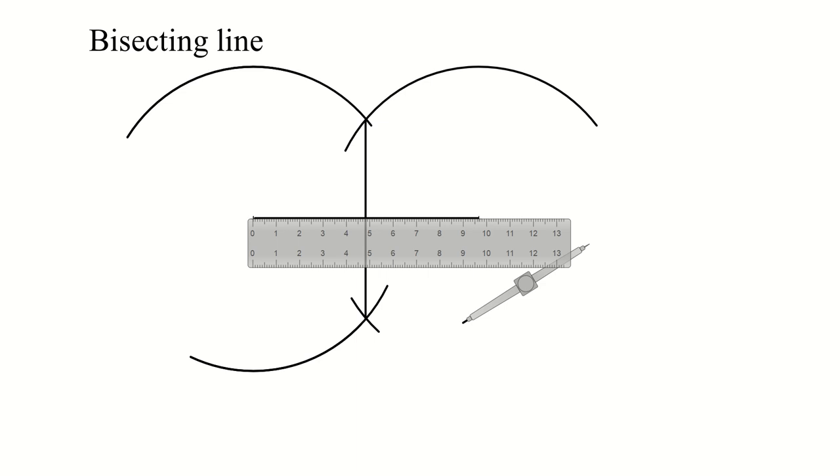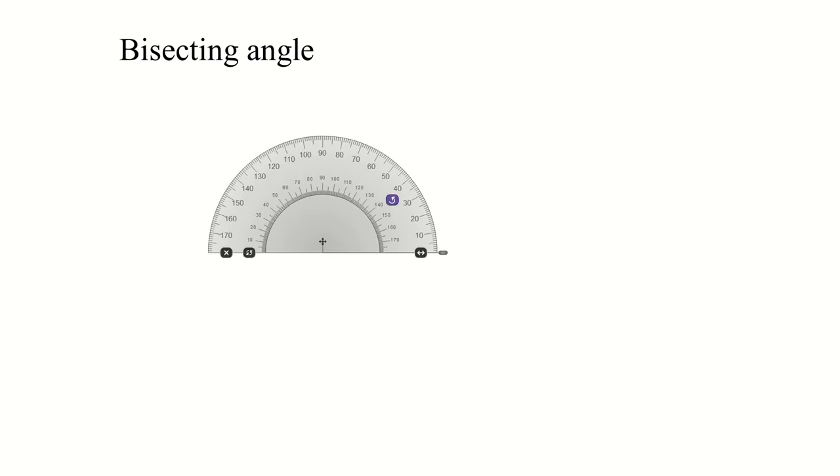How would you bisect an angle now? Let's just say I'm going to draw a 60 degrees angle with my protractor. Right, so you're going to draw a straight line. Let's make this protractor a little bit bigger so we can see it properly.